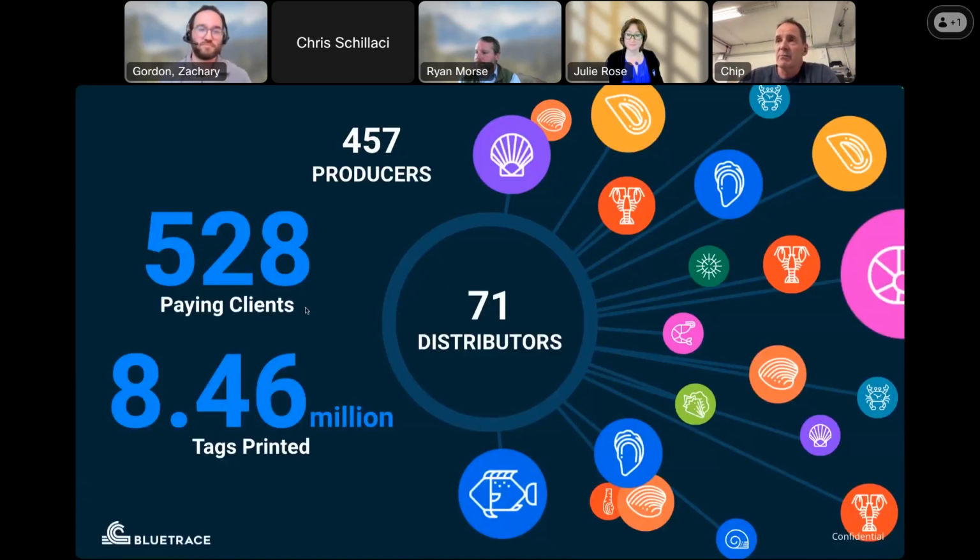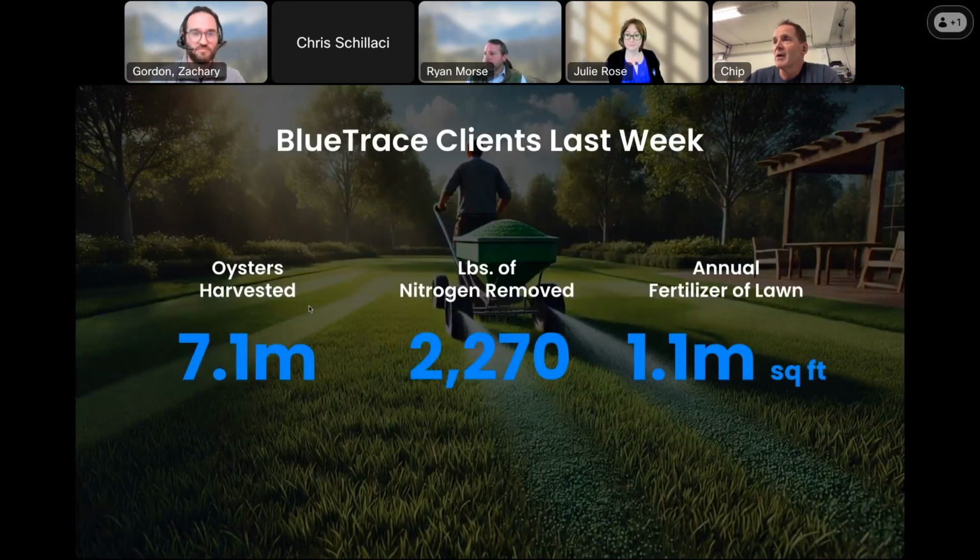Because today we have about 528 different clients, some producers and a lot of producers and some distributors. Collectively, this group has printed over 8.4 million tags, which is a ton of tags. You can stretch it all the way from Maine to South Carolina. And so we took a look at this and said, well, what would happen if we actually use this calculator within our system?